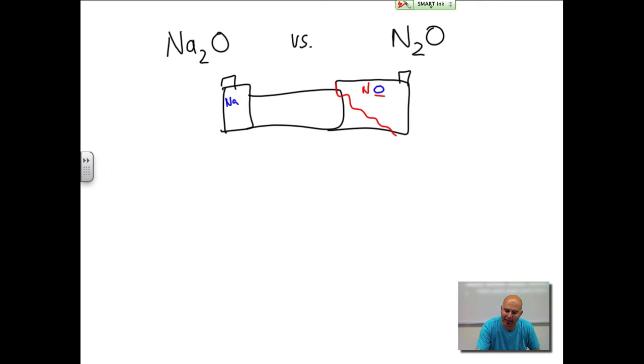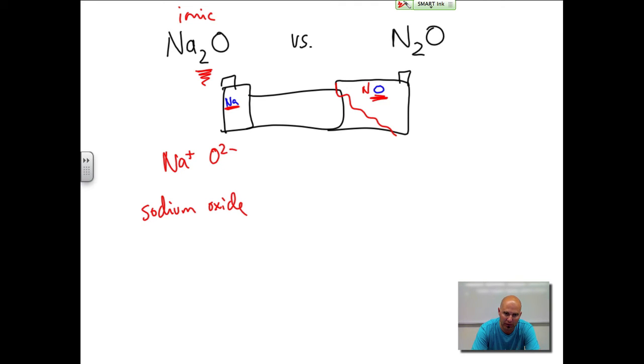My little red line, they're right here. In this case, on the left here, this is an ionic because we got a sodium getting together with an oxygen. No prefixes necessary. We have Na plus, O2 minus. That's why it's Na2O. So this one would be called sodium oxide.